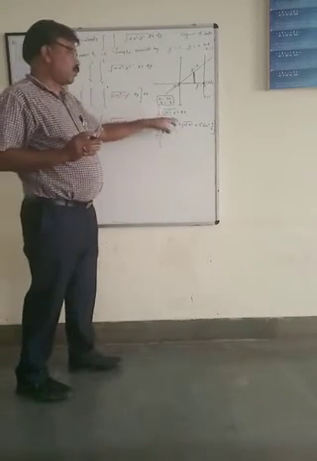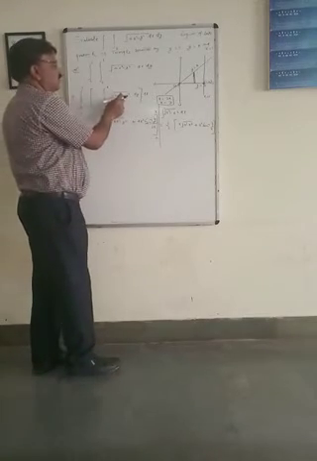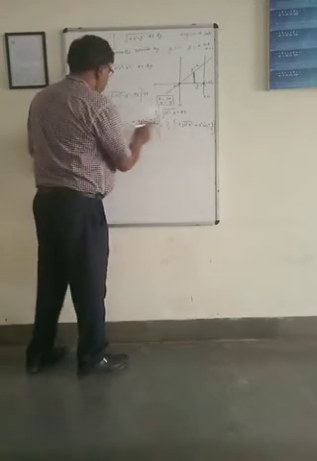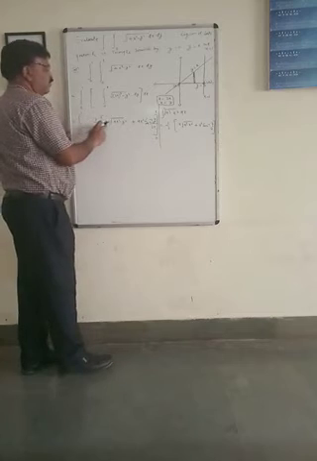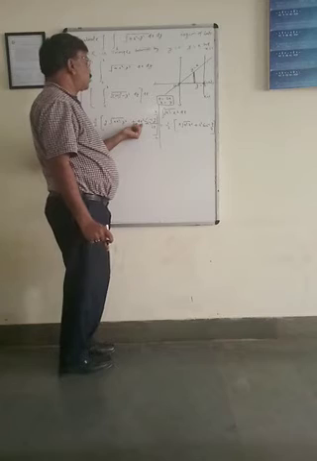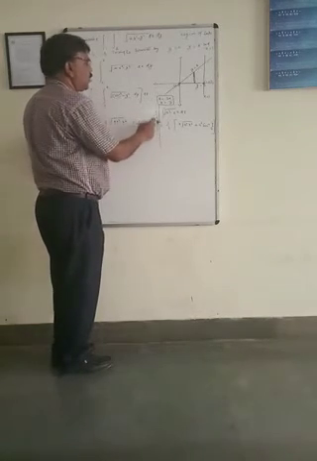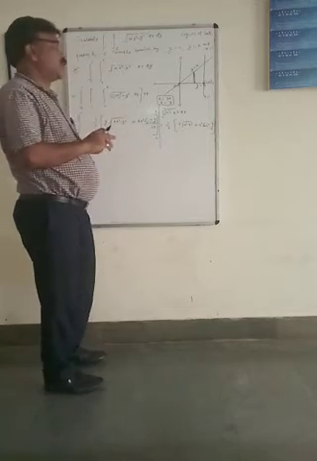By this form, we convert this function and get 1 by 2 y under root 4x square minus y square plus 4x square sine inverse y upon 2x, lower limit 0 and upper limit x.